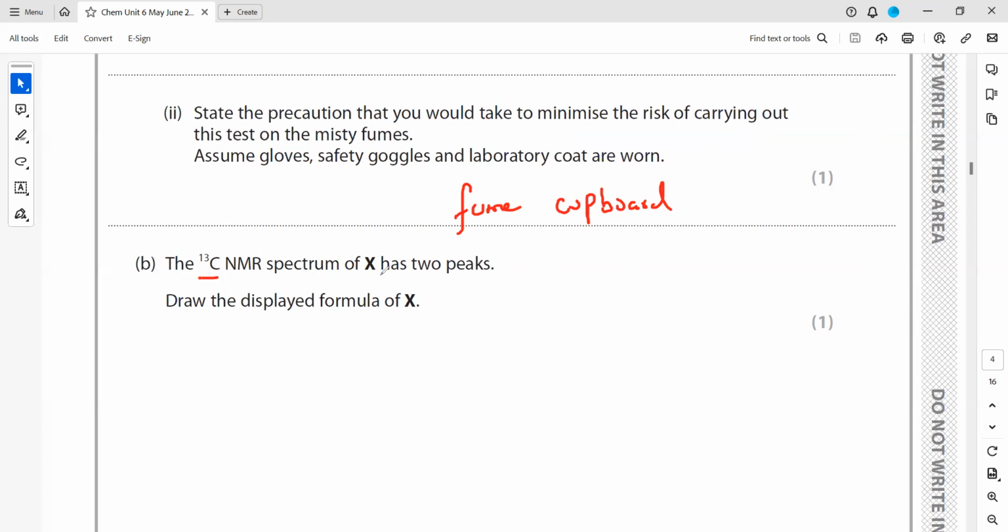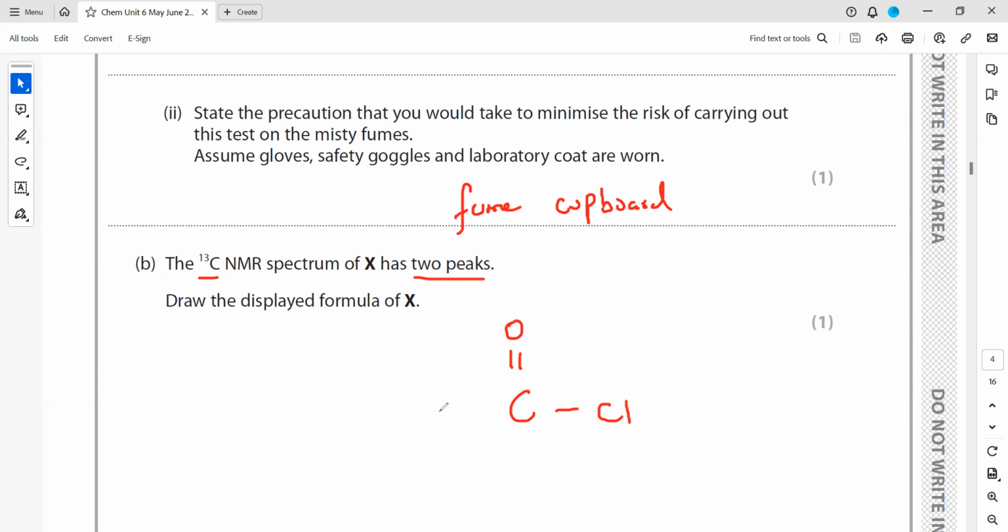Carbon 13 NMR has two peaks. What does it mean? It means there are two different carbon environments. So we have to draw a displayed formula. We already know that there is a C double bonded with O and Cl.